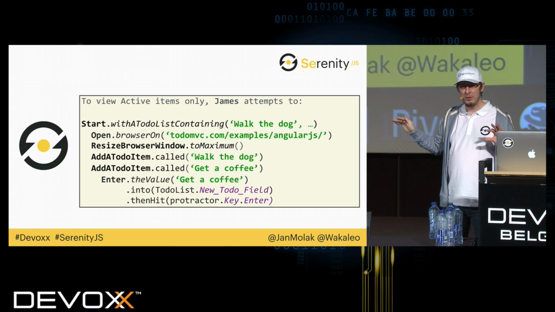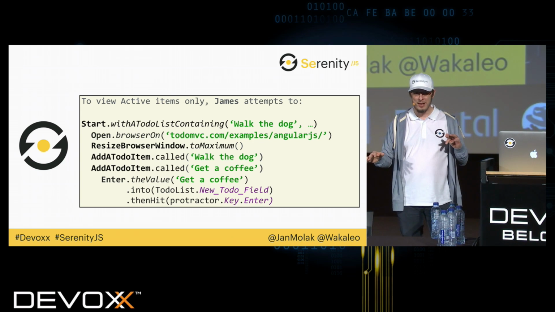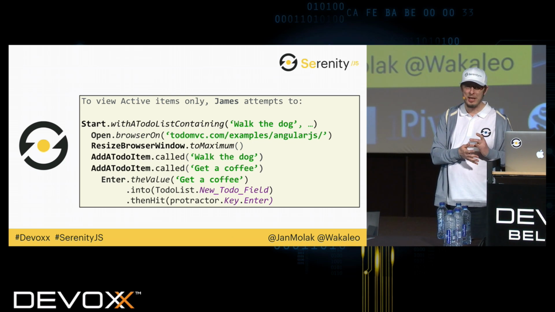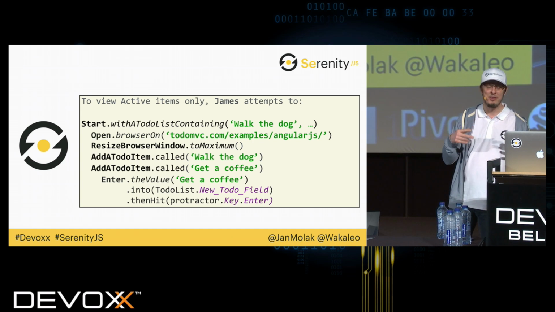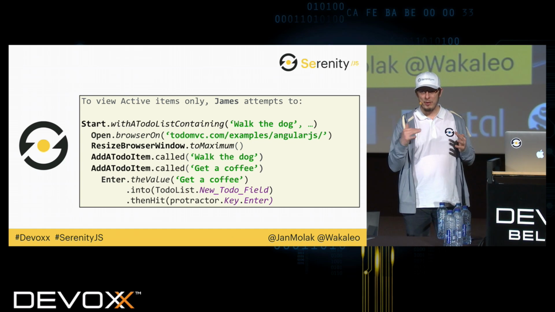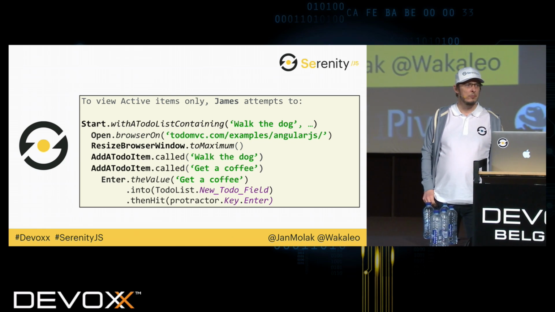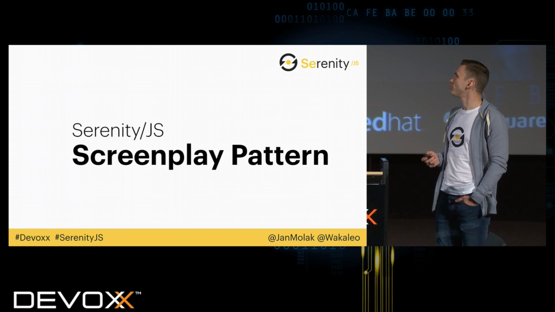You don't need to touch it anymore. So the maintenance goes down drastically. You don't ever need to change a task once it's completed, unless the application underneath changes. Makes it much, much easier to maintain the code base. And we've seen this in practice. You can come and ask us after the talk, but we've seen this in practice many times, and it is really very spectacular. So let's have a quick look at the parts that make up the screenplay pattern.